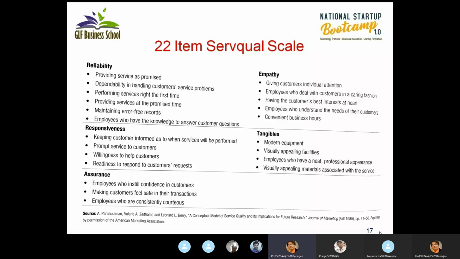So this 22-item scale is under 5 different factors: reliability, responsiveness, assurance, empathy, and tangibles. I am going to my next slide.